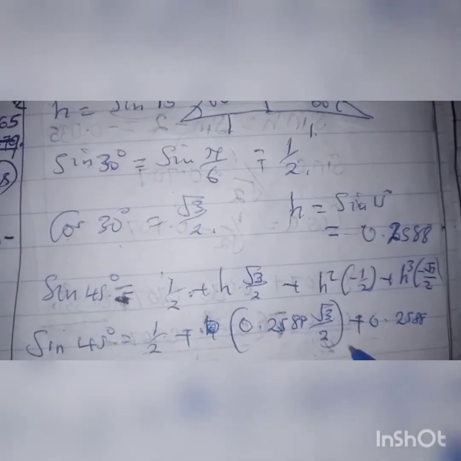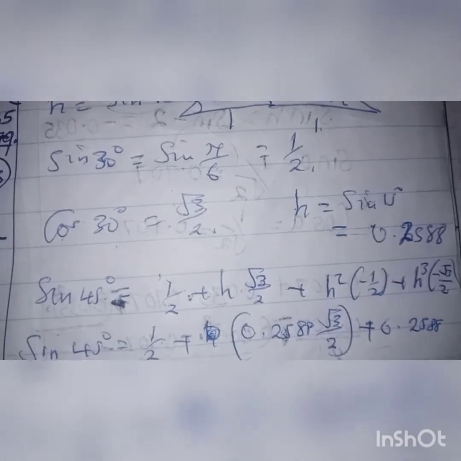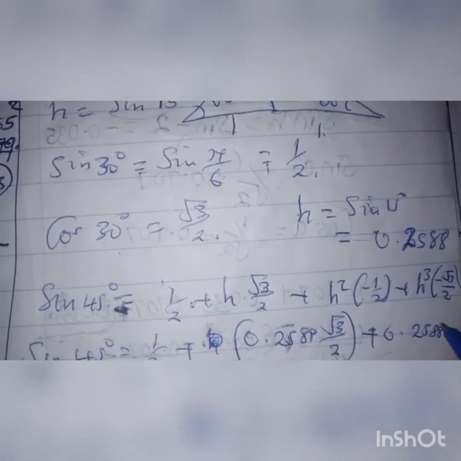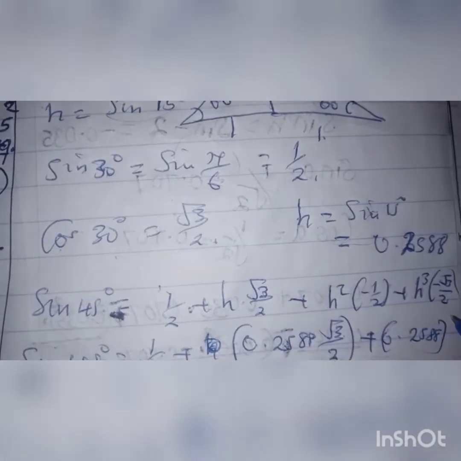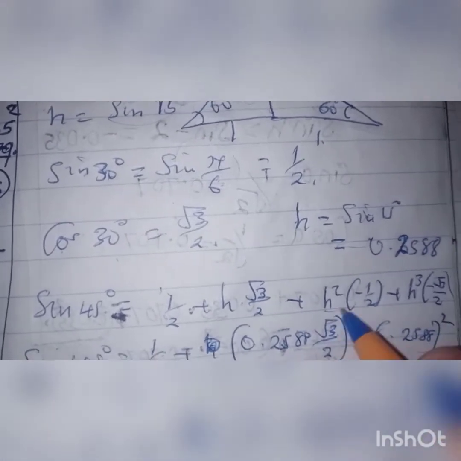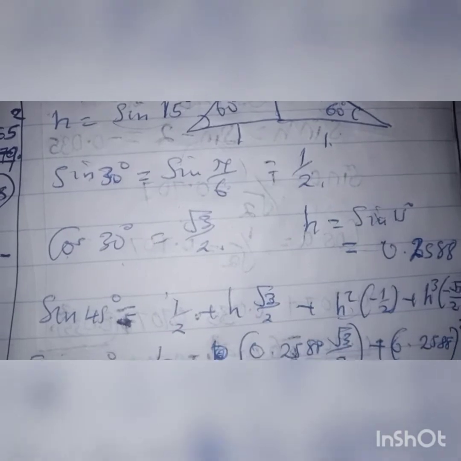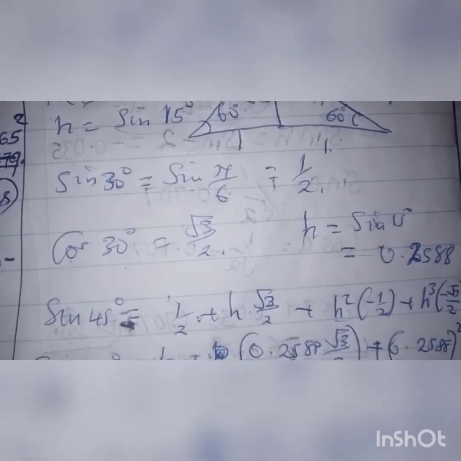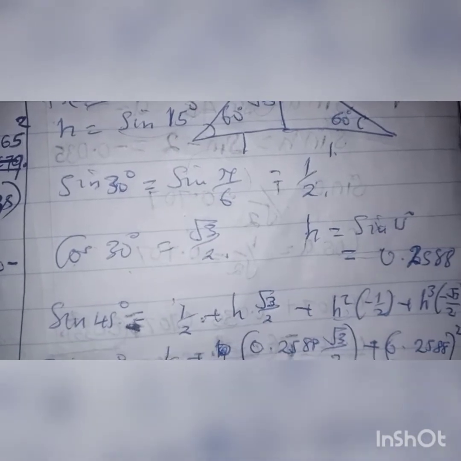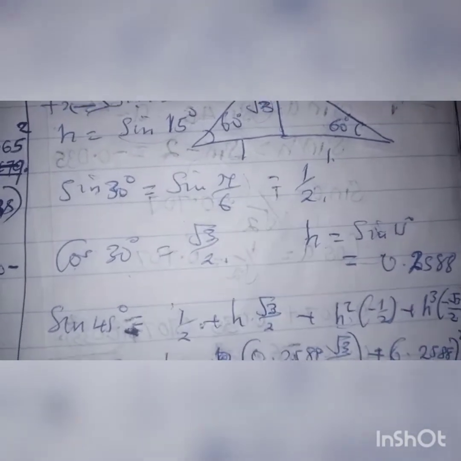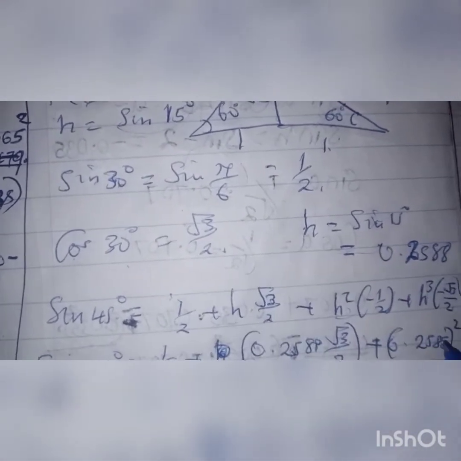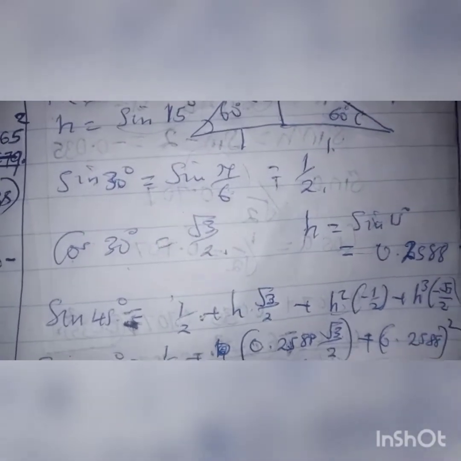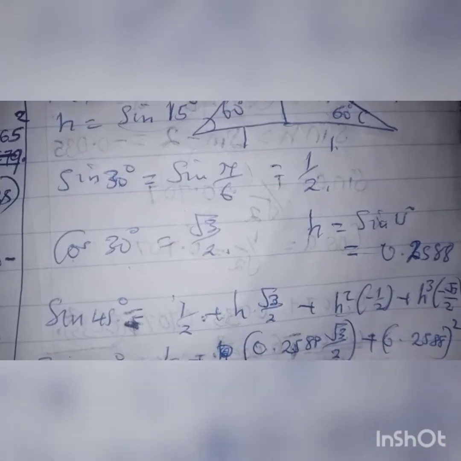Plus h squared, that is 0.2588 squared, multiplied by minus a half. Then plus h cubed, which is 0.2588 cubed, multiplied by minus root 3 over 2.